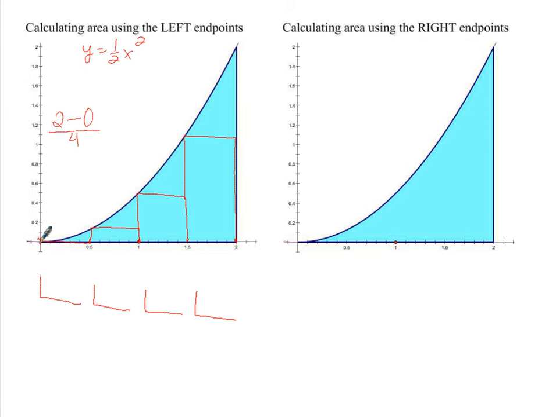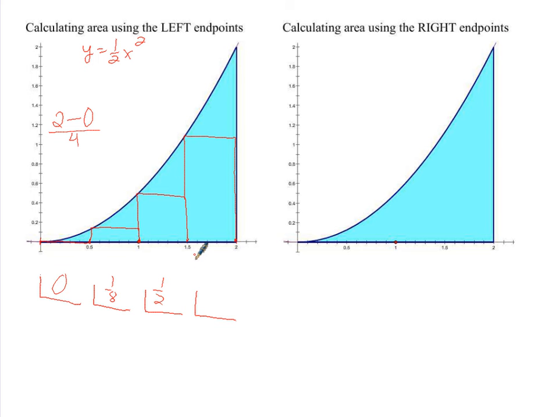Okay? Plug in 0, and I get 0. So my height here is 0. Plug in 0.5, which is 1/2. 1/2 squared is 1/4. 1/4 times 1/2 is 1/8. Make sense? Okay. Next one, the left endpoint is 1, so 1 squared is 1 times 1/2 is 1/2.